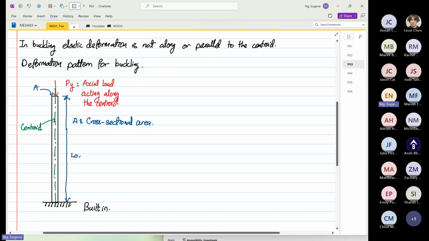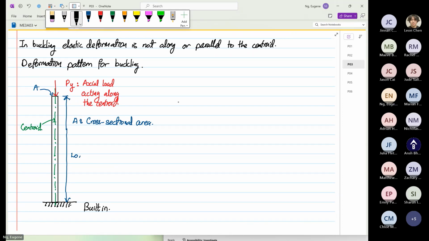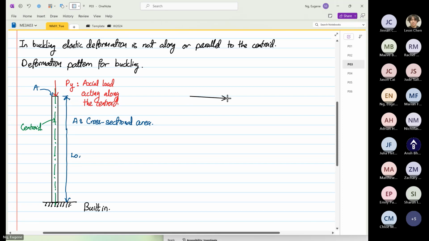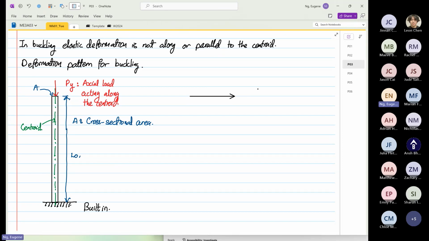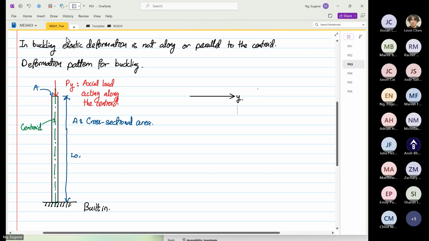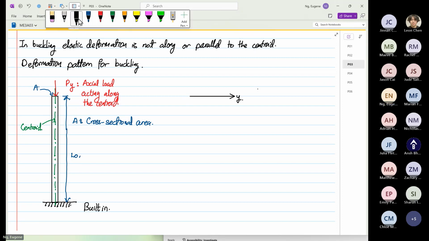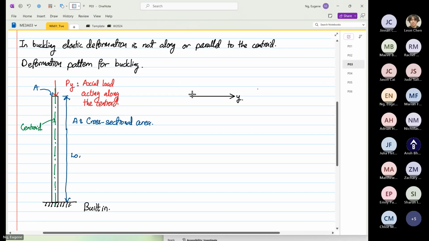So I'm now going to construct two axes. This is now known as my y-axis on this graph. And I'm going to draw another straight line on this graph.